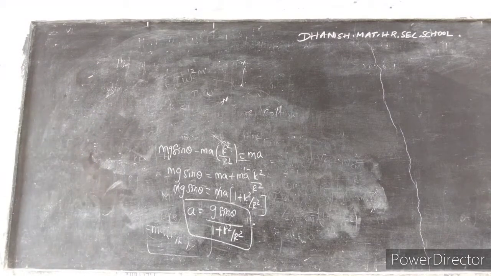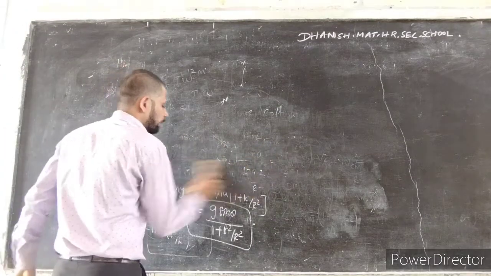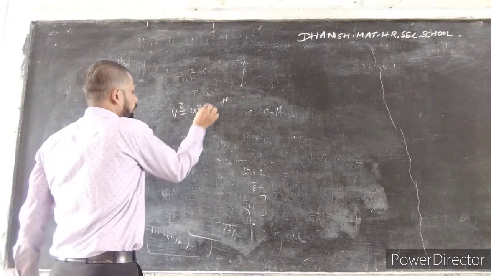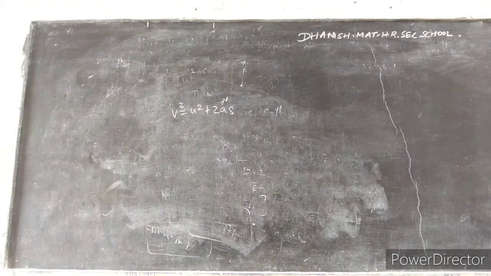So we know the equations of motion. What is the third equation of motion? v squared equal to u squared plus 2as. Here we can substitute that value of a.